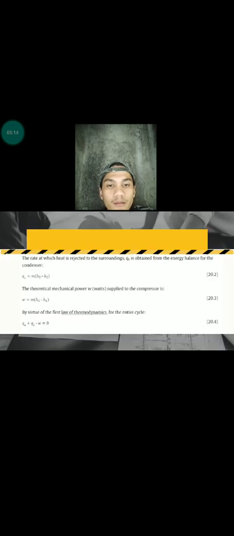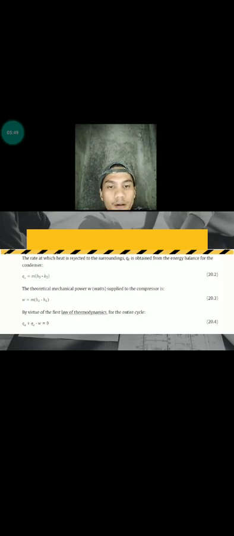The rate at which heat is rejected to the surroundings, QC, is obtained from the energy balance for the condenser. QC is equal to M times (H3 minus H2). The theoretical mechanical power in watts supplied to the compressor is W equal to M times (H2 minus H1).